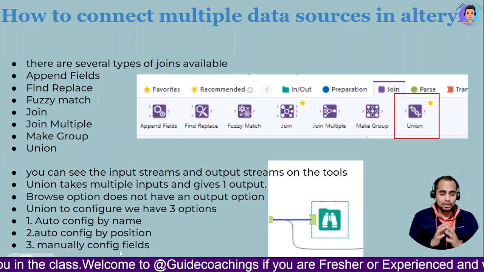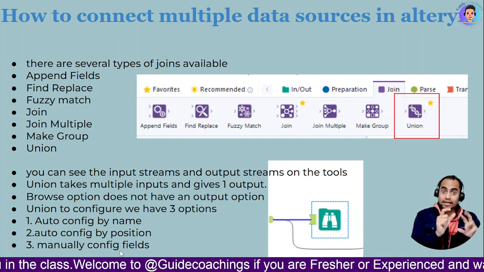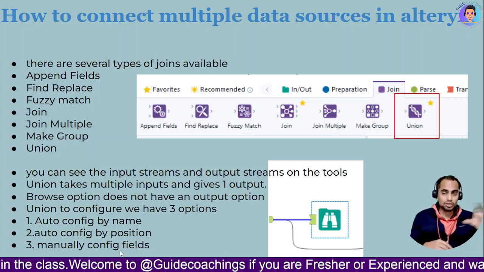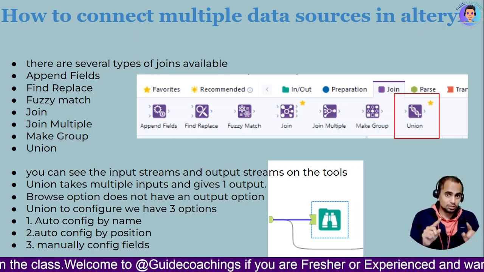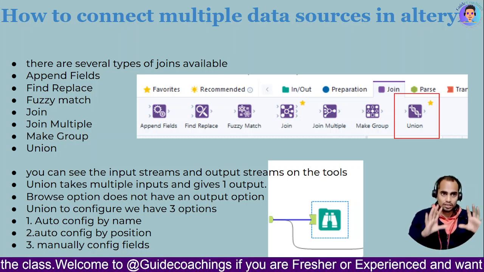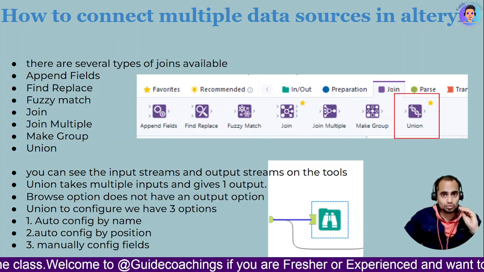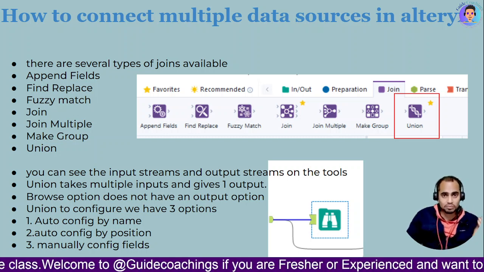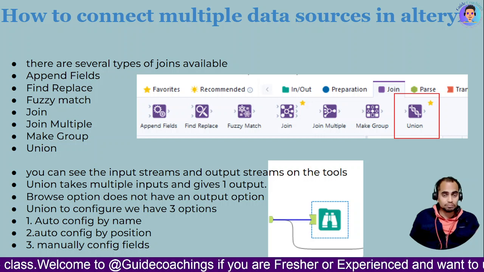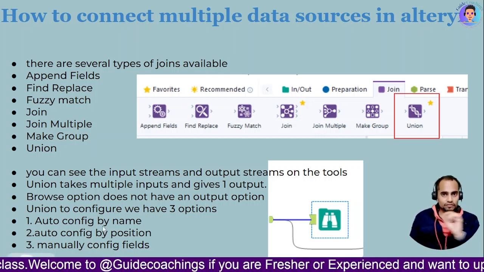Remember this is a very important point. When all the data sets are common, like every table name and column name is the same, without uppercase or lowercase change, space change, special character added, prefix, postfix, everything is the same, at that time you will use auto config by name.